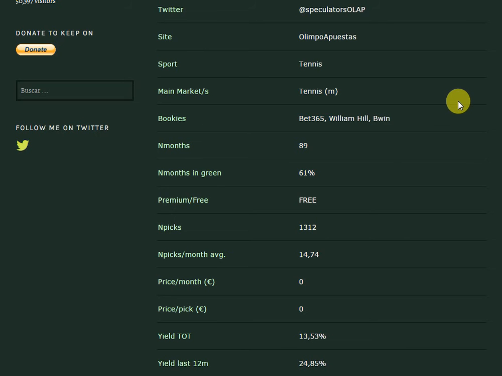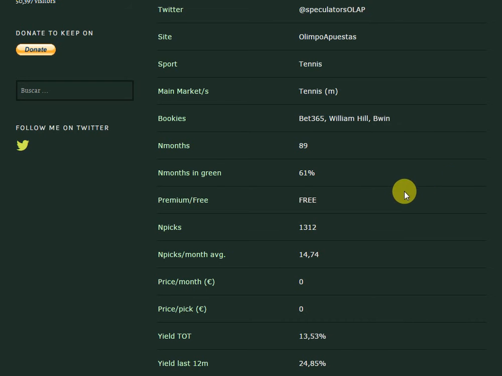As we saw before in the radar chart, there is a large sample of months in his record, in concrete 89, of which 61% ended in green, which means he had more than 60% of the months in positive numbers.